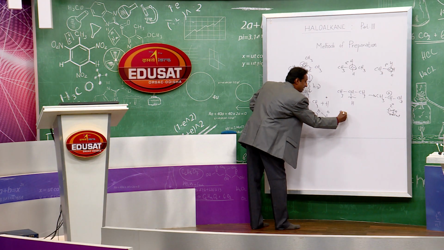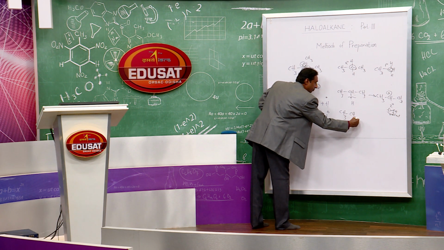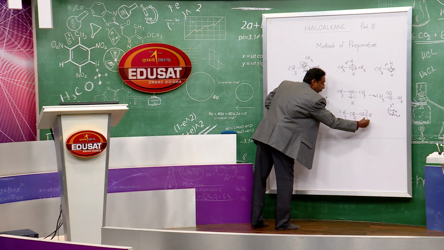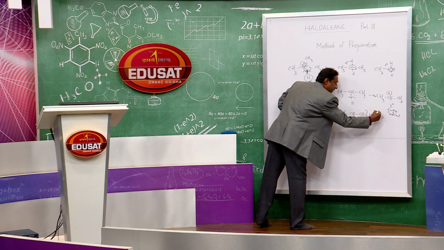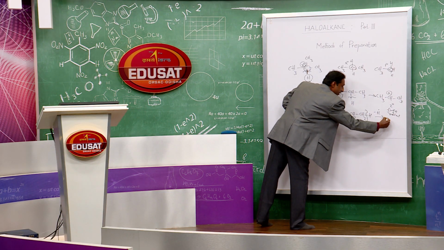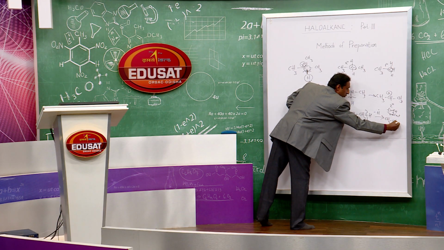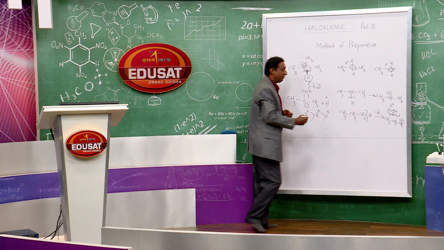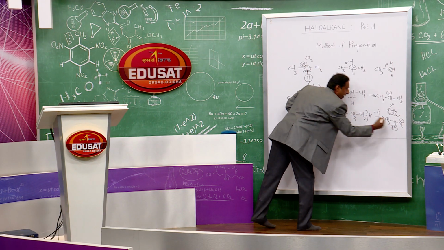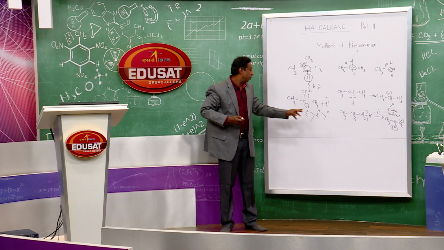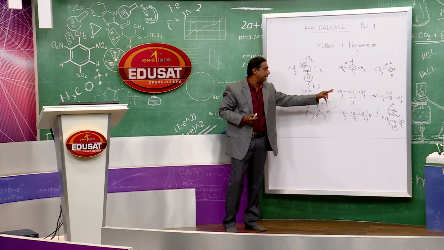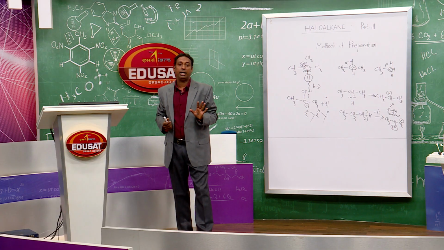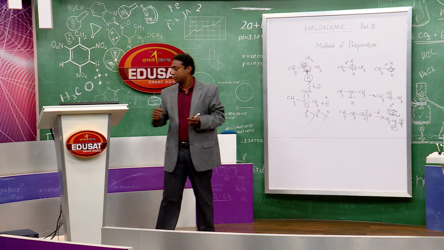And if you replace the hydrogen from this one, you get CH3, CH2, CH2 dot. This is your primary, 1-degree free radical. As I have told you, 2-degree is more stable than 1-degree, so there is a maximum chance of getting the major product as isopropyl chloride.